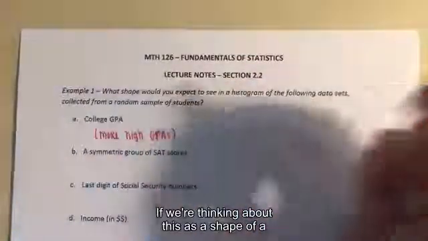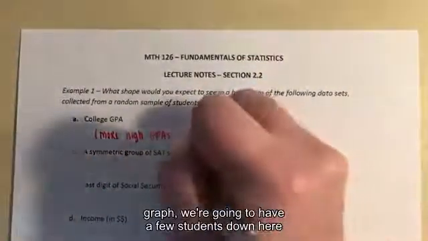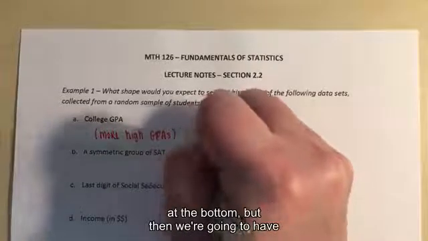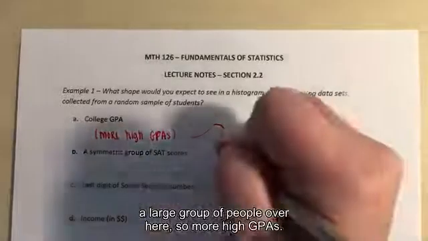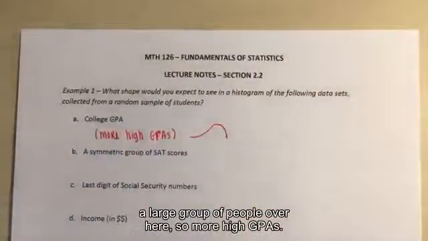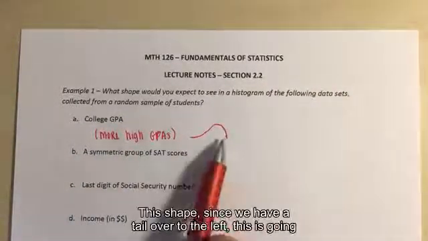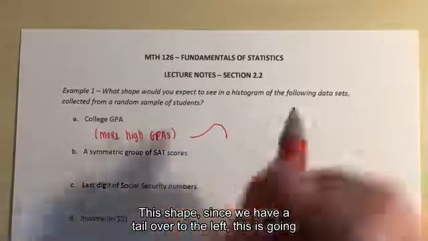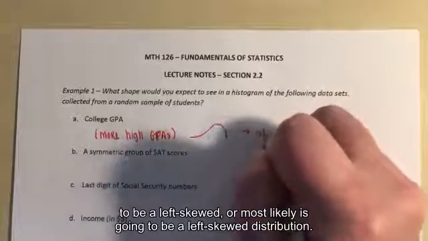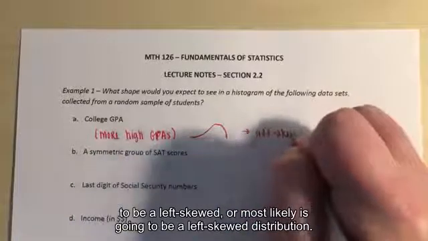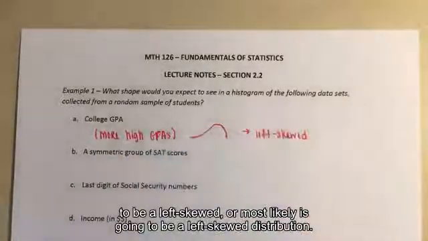So if we're thinking about this as the shape of a graph, we're going to have a few students down here at the bottom, but then we're going to have a large group of people over here. So more high GPAs. Since we have a tail over to the left, this is most likely going to be a left skewed distribution.